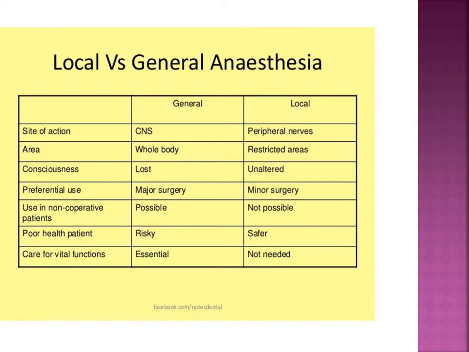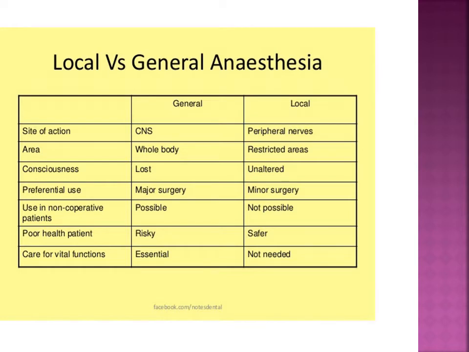Regarding area, the effects of general anesthetics will be in the whole body, but local anesthetic effect will be in a restricted or particular area. Consciousness: with general anesthetics, the patient will lose consciousness, but with local anesthetics it is unaltered. There will be no effect on consciousness in case of local anesthetics.